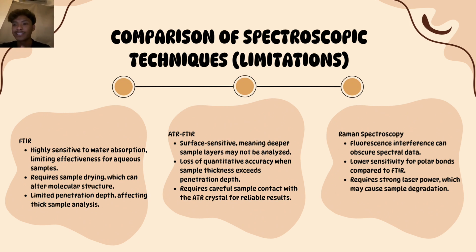ATR-FTIR is surface sensitive and doesn't analyze deeper layers, and it can lose accuracy when the sample is too thick and needs careful contact with the ATR crystal. For the last one, Raman spectroscopy faces fluorescence interference, lower sensitivity for polar bonds compared to FTIR, and uses strong laser power which might degrade the sample.